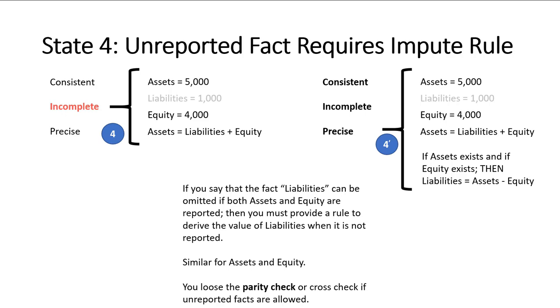So the bad side of doing this is that if you don't report all three facts, you lose the parity check or the cross check of comparing assets and liabilities and equity to make sure that they're correct.